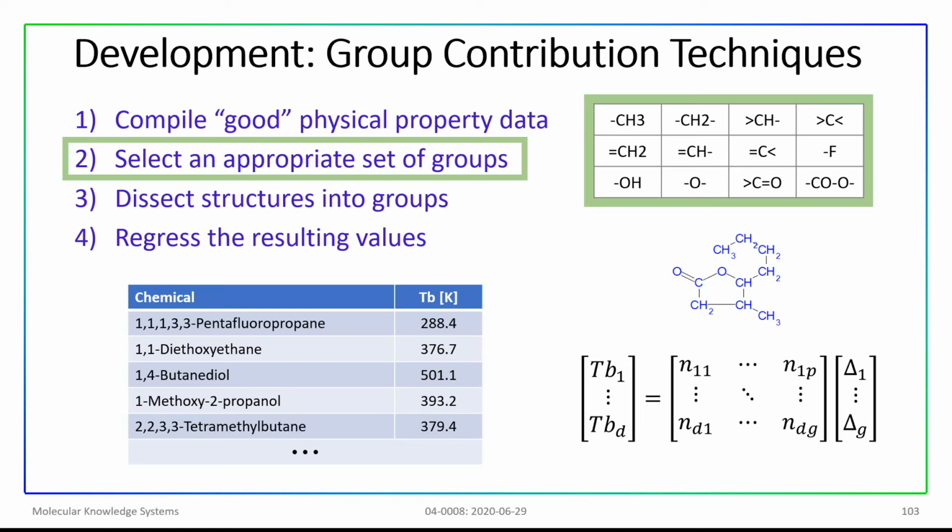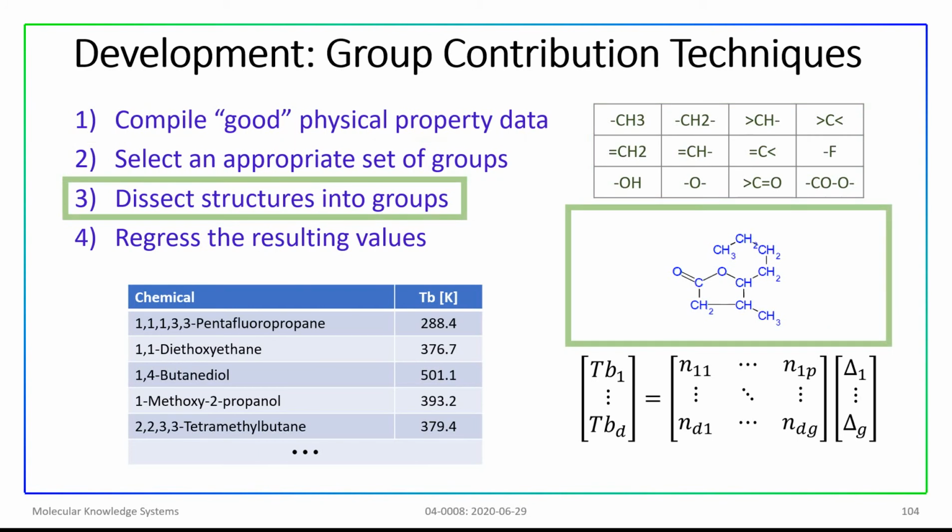Very large groups are more likely to explain the variation in physical property values, but their larger molecular size reduces the number of molecules they are likely to occur in. The other factor we have to consider is that as we increase the number of groups, we have to ensure we have enough data to determine a statistically significant group contribution value. Unfortunately, this is often a significant limitation.